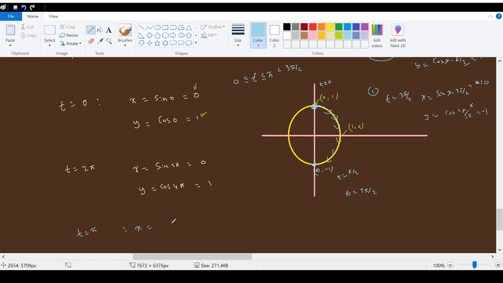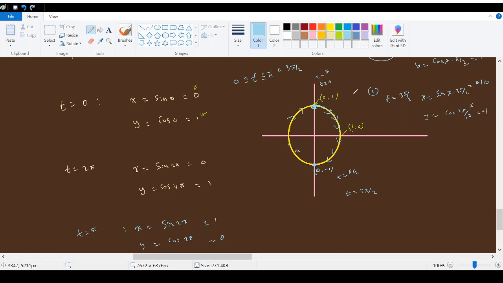Now see, when t is equal to pi, x is equal to sin 2 times pi, and y is equal to cosine 2 times pi, and that is equal to 0 and 1. Starting from here, when t is equal to 0, it goes like this, and when t is equal to pi, it will complete the full circle.